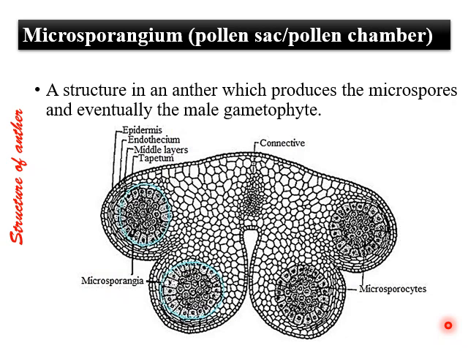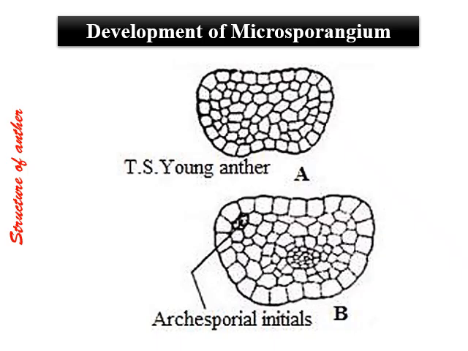So inside the tapetal layer, we see the development of microspores from the microspore mother cell. During the development of microsporangia, when we take a transverse section of a young anther, we can find an undifferentiated mass of cells.